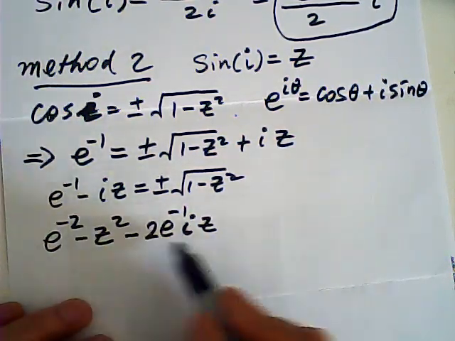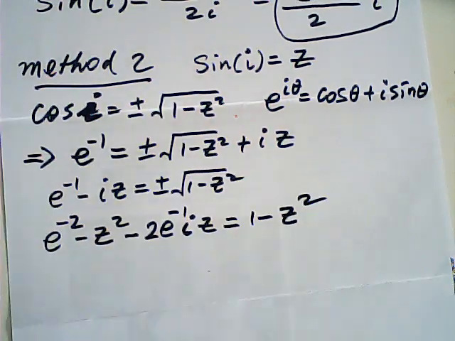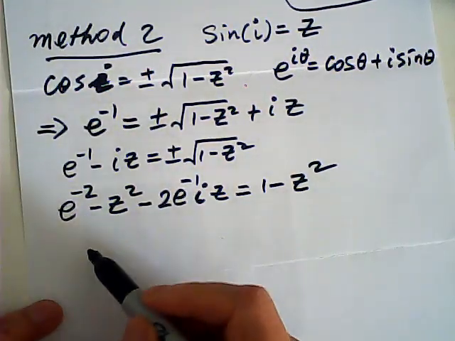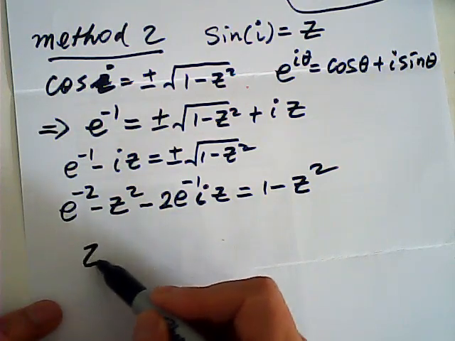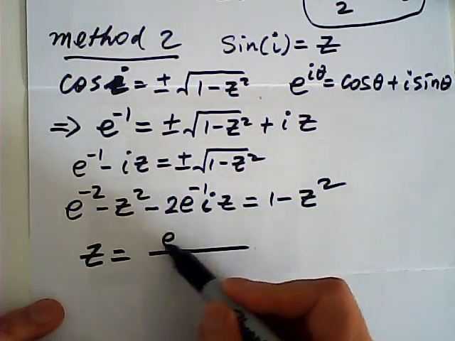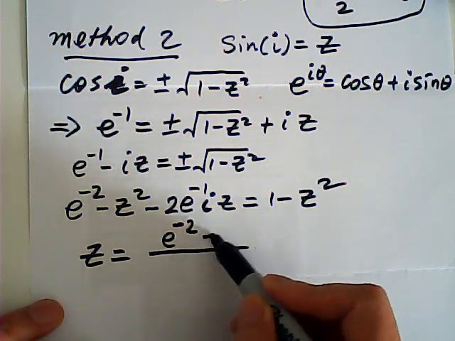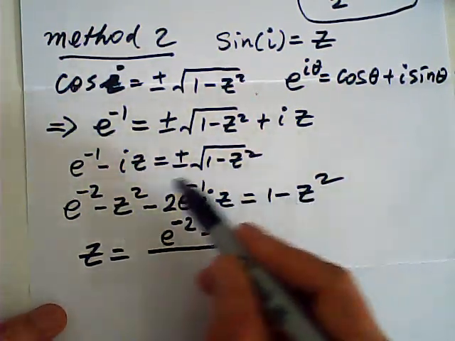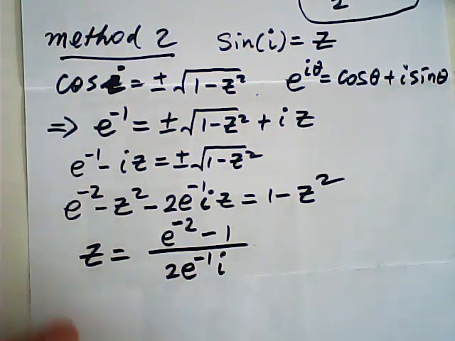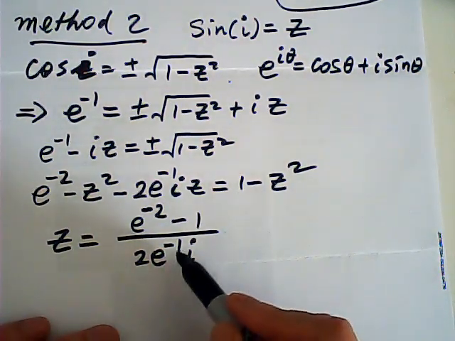That means this squared is equal to 1 minus z squared, right? Yeah, and the z squared cancels out, so z is equal to (e to the negative 2 minus 1), this cancels out, divided by 2e to the negative 1 i. Yeah, that's good.